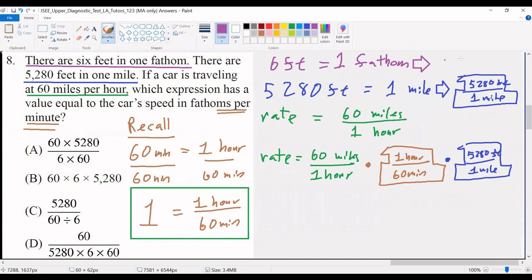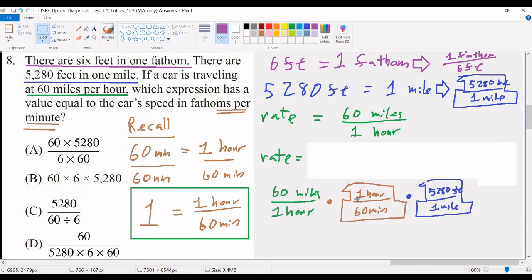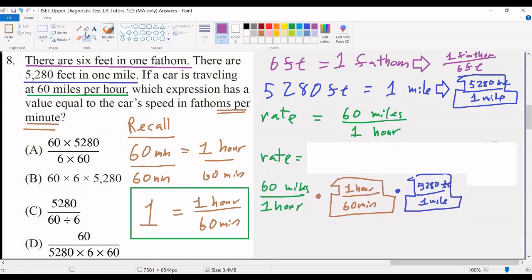So right here, what we want to have is fathom on top. So we can have 1 fathom over 6 feet. So that's the last thing we need to multiply for the statement. So let's move this rate a little bit below here so that we have more space. Fill this in. And let's write our last multiplication of another 1 of 1 fathom over 6 feet.